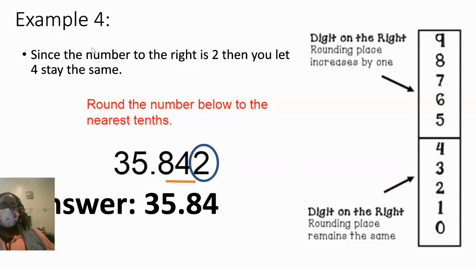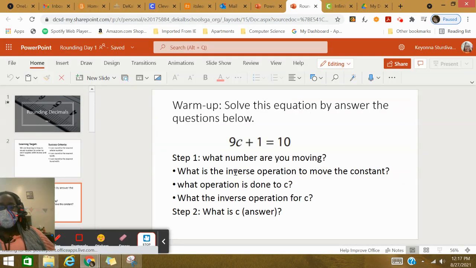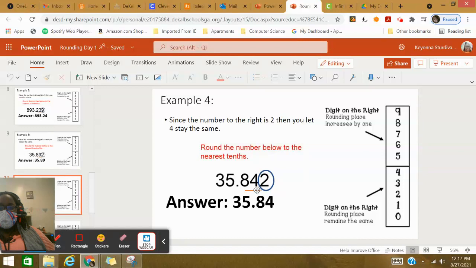Example number 4. It says, round this number below to the nearest 10th place. So I have 35.842. 4 is my 10th place. Oh, I did this backwards. I'm sorry. To the nearest 10th. Let me double check. Nearest 10th. So actually, I'm wrong. It says nearest 10th. So it's the 8 we're looking at. So again, this is why it's important to watch the video so I can check any error.